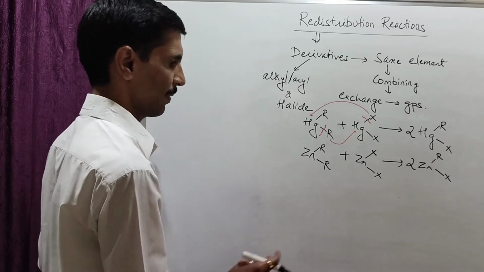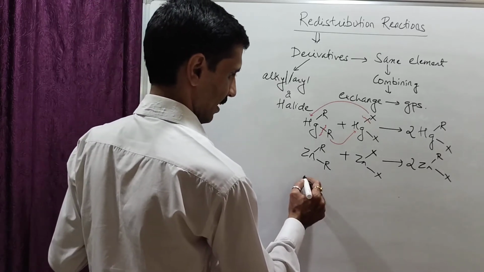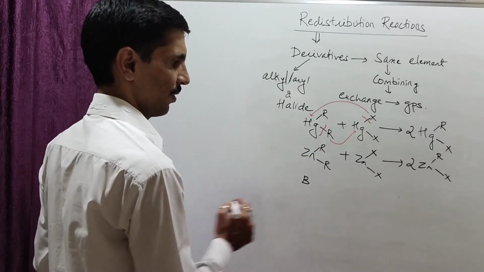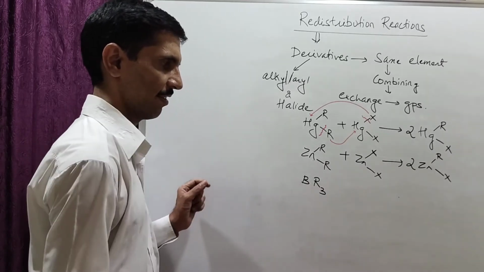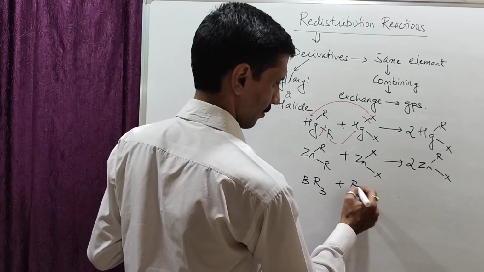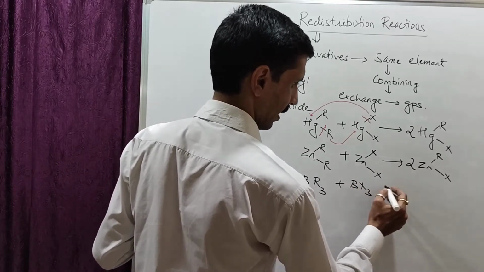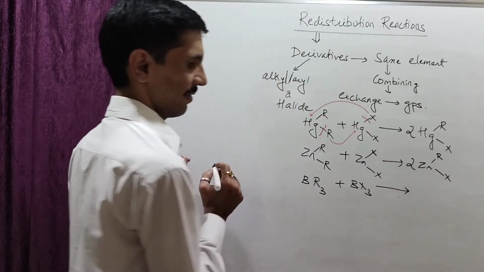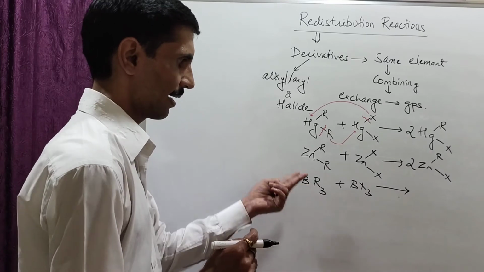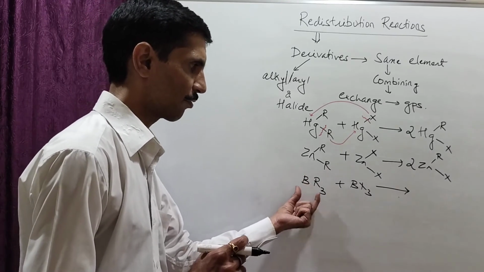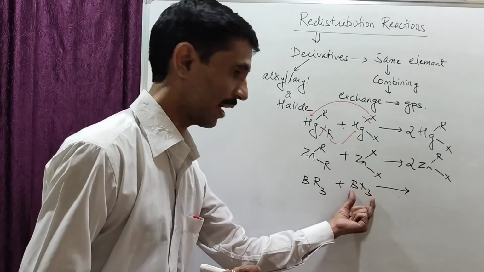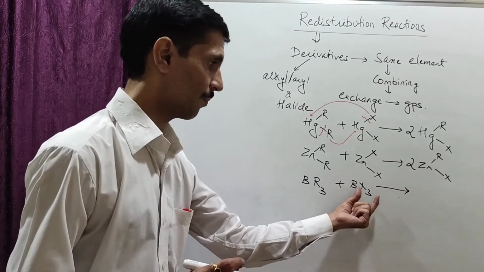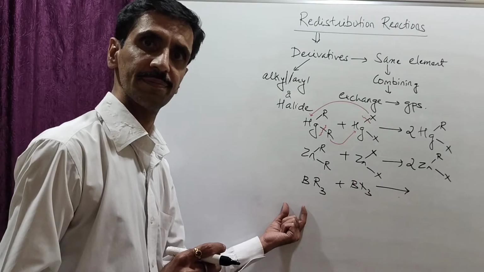Some more examples we'll be considering. Let us take an example of BR3, boron, valency is 3, combining with BX3. Now here what happens is, I am showing a transfer of 2R from BR3 to BX3 and 2X from BX3 to BR3.